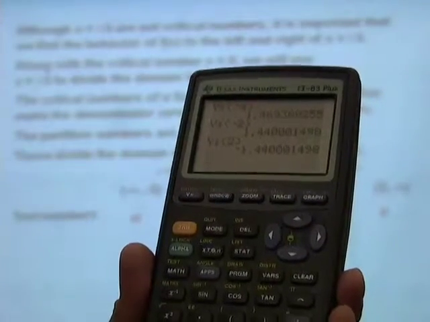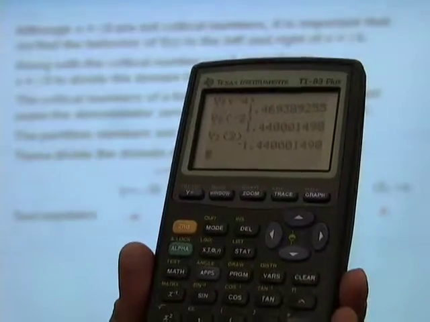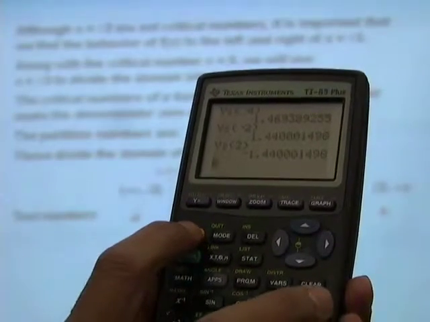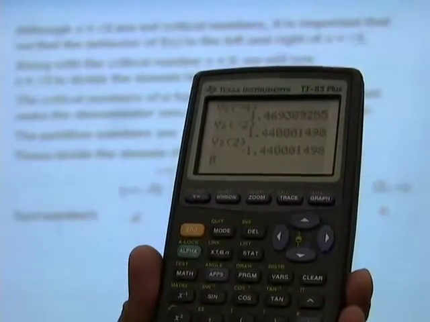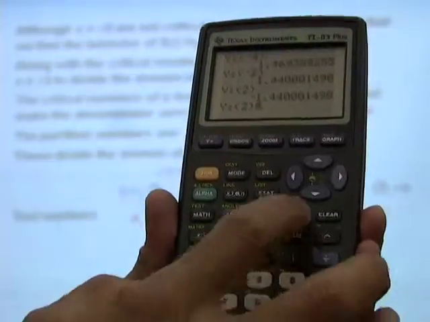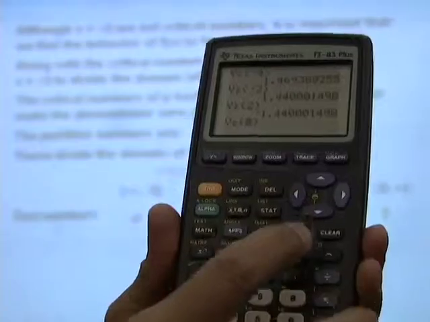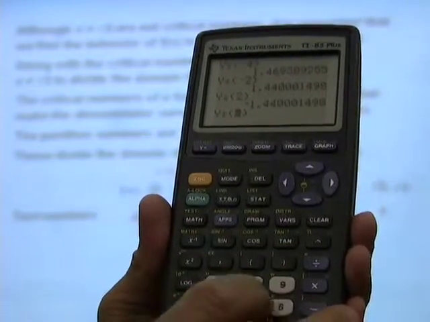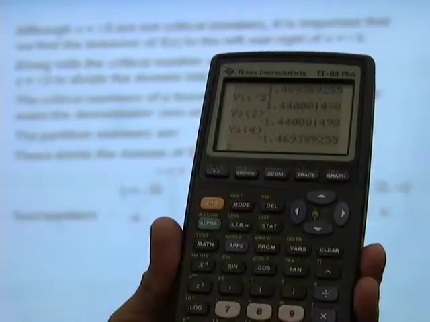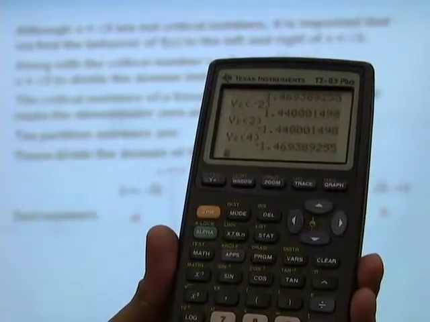There you go. And finally, we have to find y2 of 4. Again, all we need to do is press second enter, and scroll back onto that 2 and change it into a 4. And that again is negative.